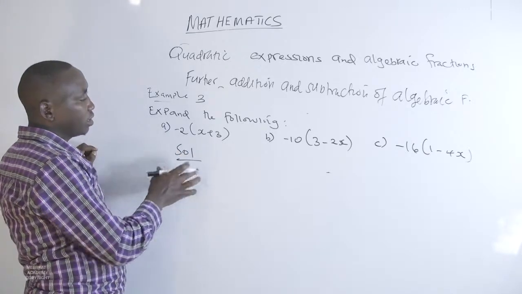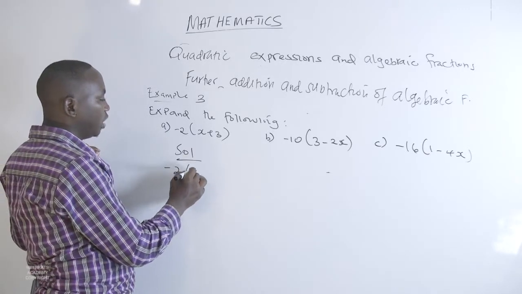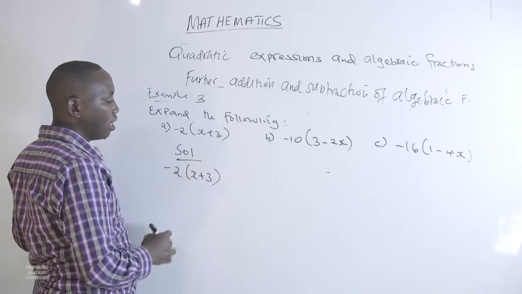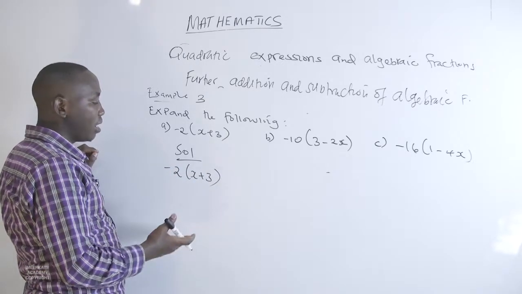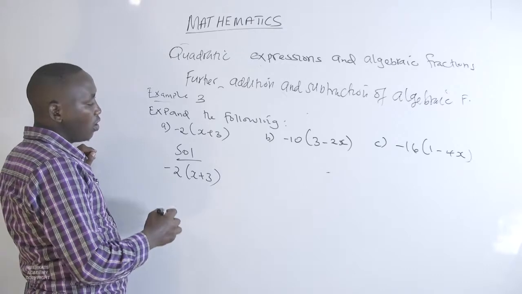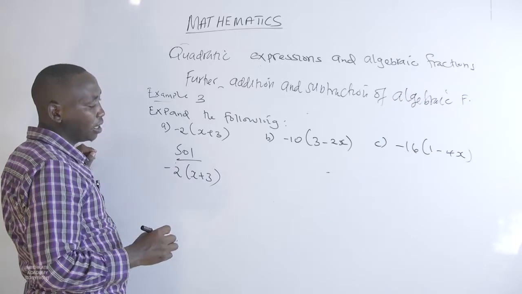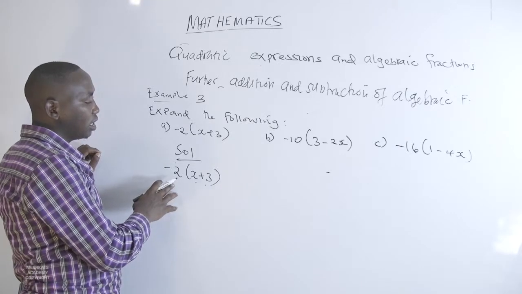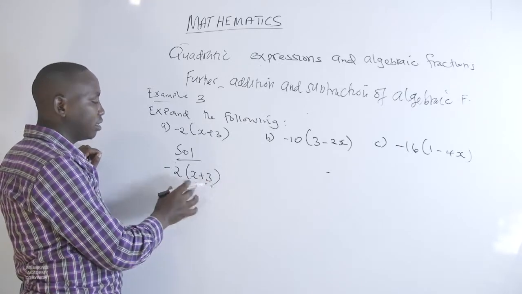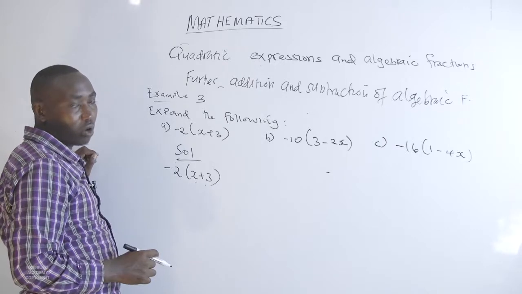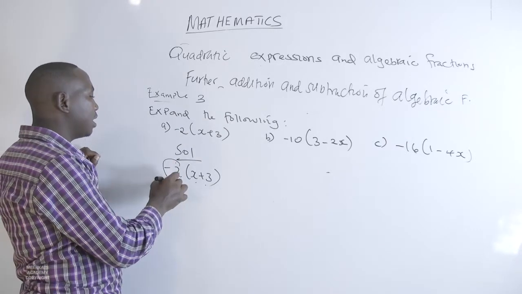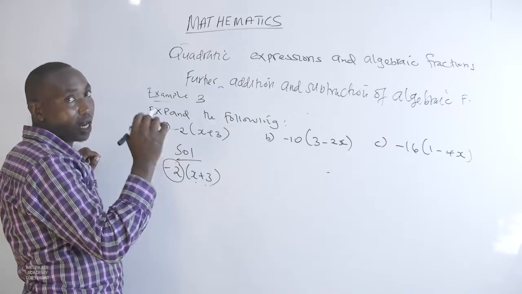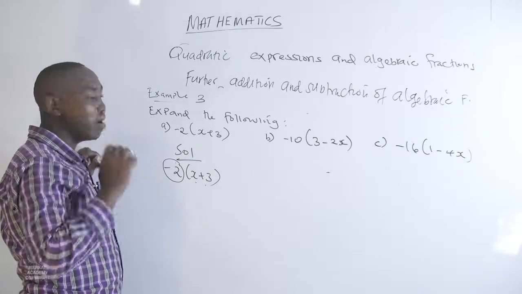So in this case, we have negative 2 into x plus 3. We need to expand, and in expanding, the term that is outside the bracket is used to open up the bracket. So in this case, we are supposed to open x plus 3 using negative 2. That means whatever is outside the bracket is multiplied into every term inside the bracket.